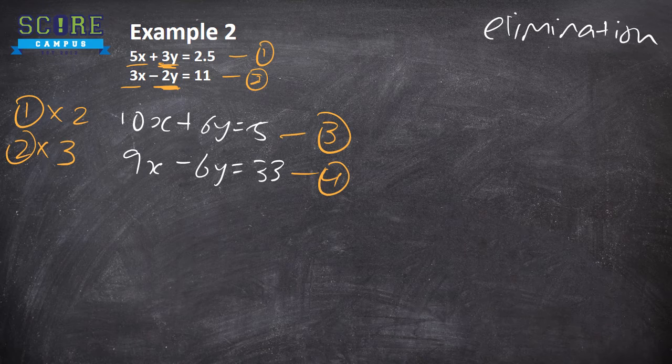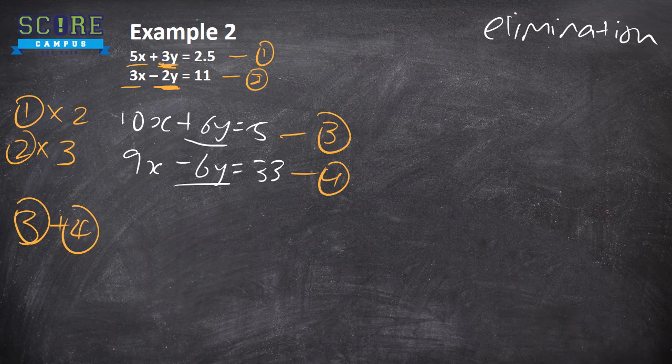Now, this is the trick in elimination. You take 3 plus 4. Sometimes you have to do plus, sometimes you have to do minus, depending on what your situation is. In this case, why do I do plus? Because if I take plus 6y plus minus 6y, you get 0, right?